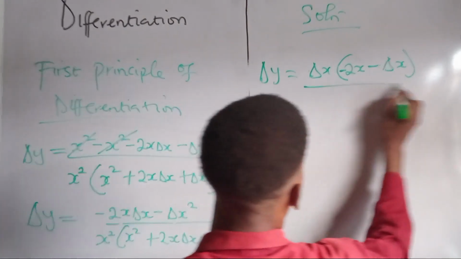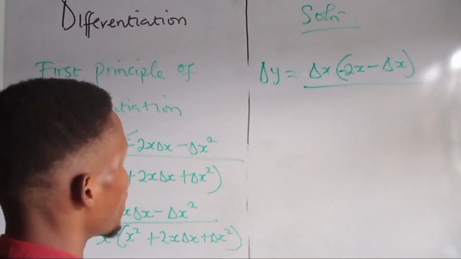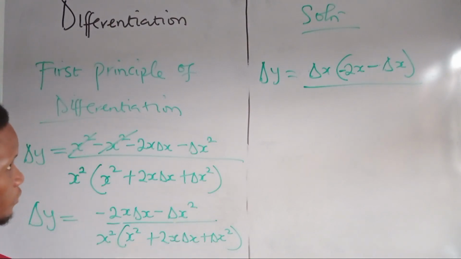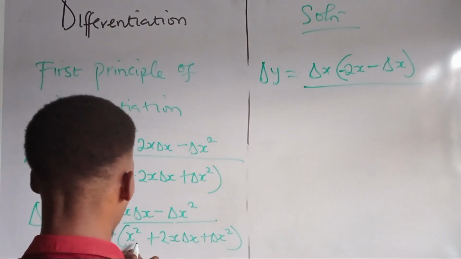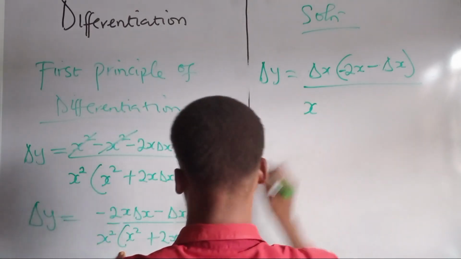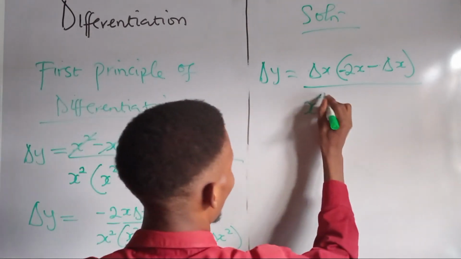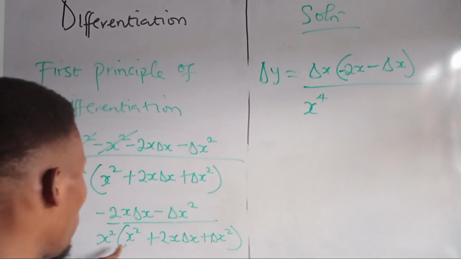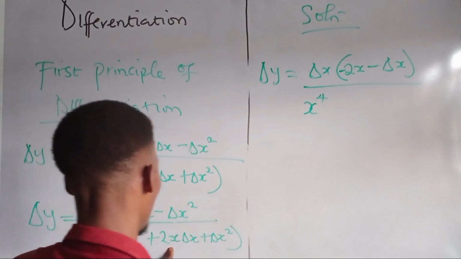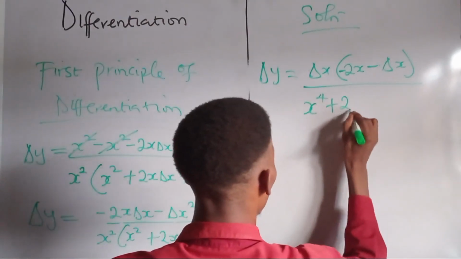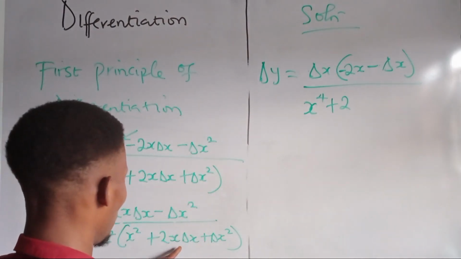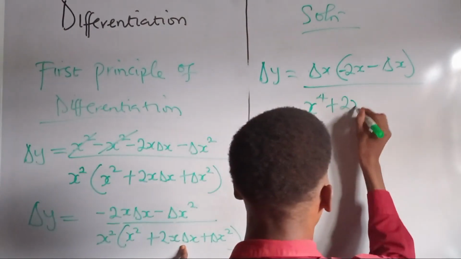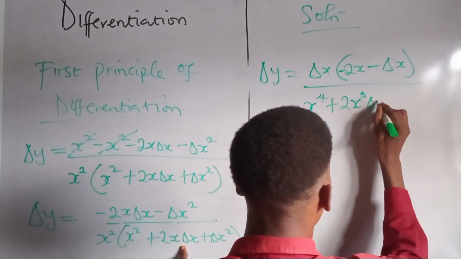So divide by. Then, in this case here now, we're going to solve by saying here should be s raised power 4. Then this going against this should be plus 2s raised power 3 change in s.